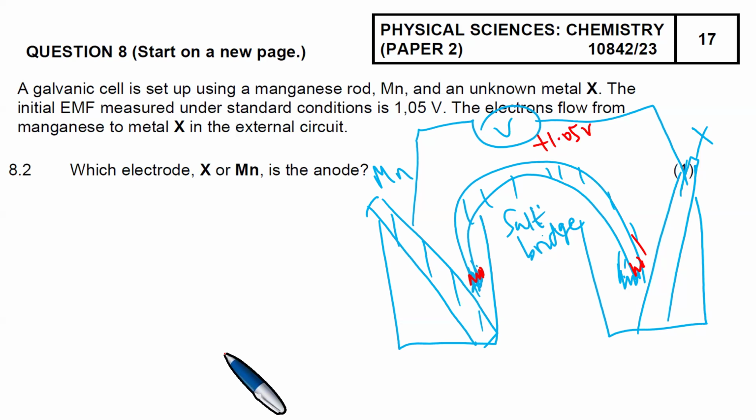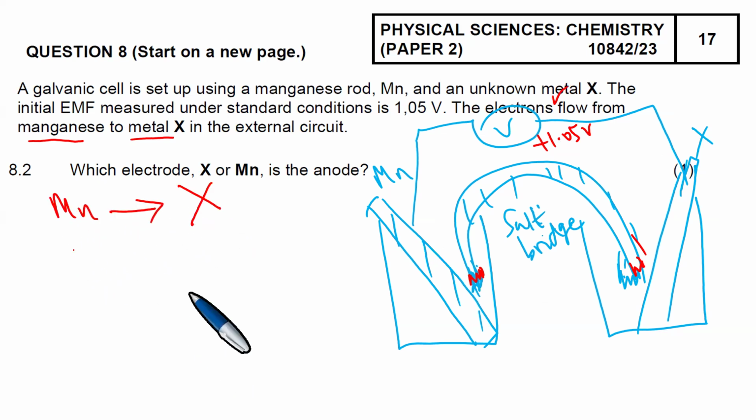So we do the following. Let us analyze this question together. Now we're told one thing: the electrons flow from manganese to the metal X. So they flow from manganese to X. This is the direction of the flow of electrons.